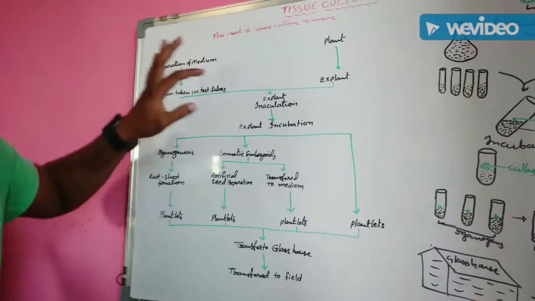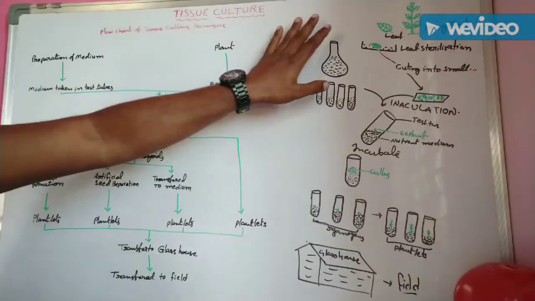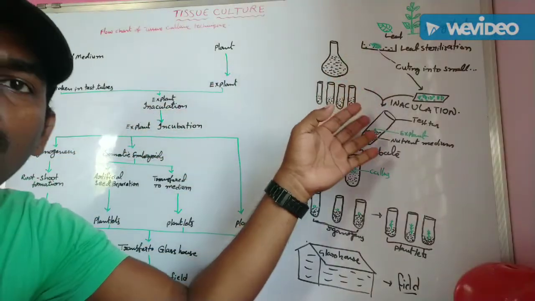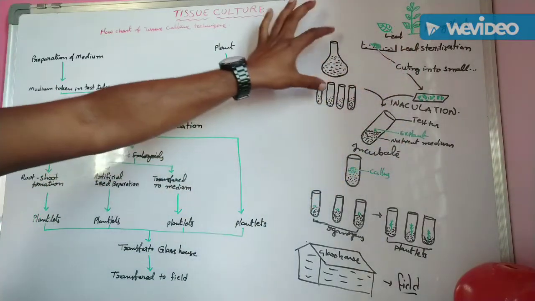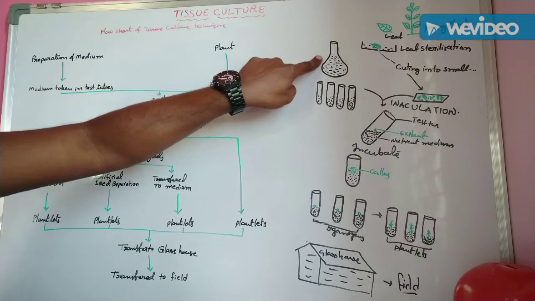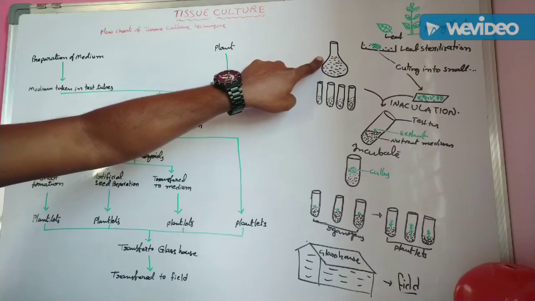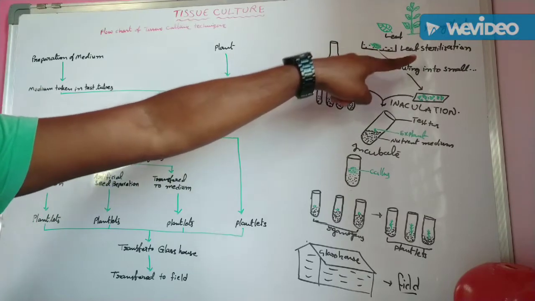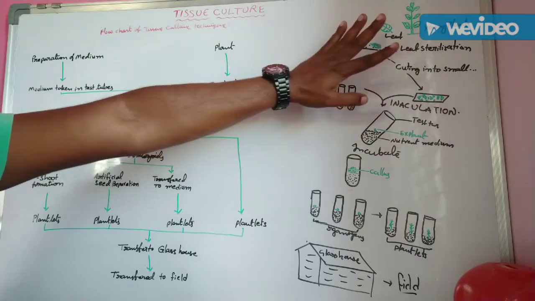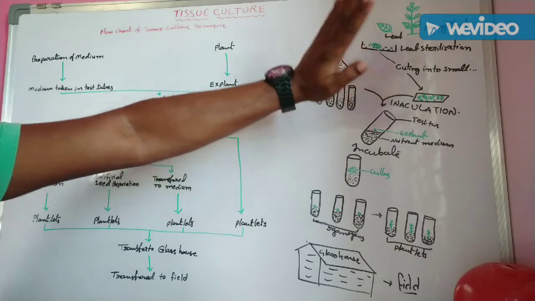Okay. The first one, you already know, was explained diagrammatically in our last class. In this one is the agar plant. This one is a nutrient medium, culture medium. You take leaf or stem or any meristem region, flower, anther.